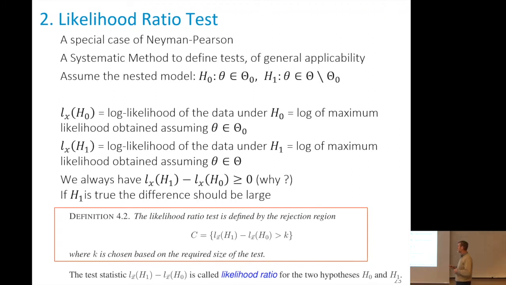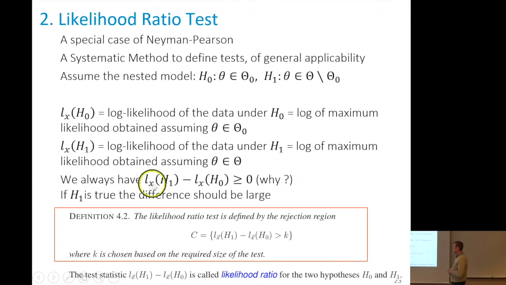Right? So if I optimize over this or over that, I will find the same thing. So this is what is classically done in likelihood ratio tests, and this is why the nested model is necessary for this theory to make sense. We estimate the parameters under the big model.